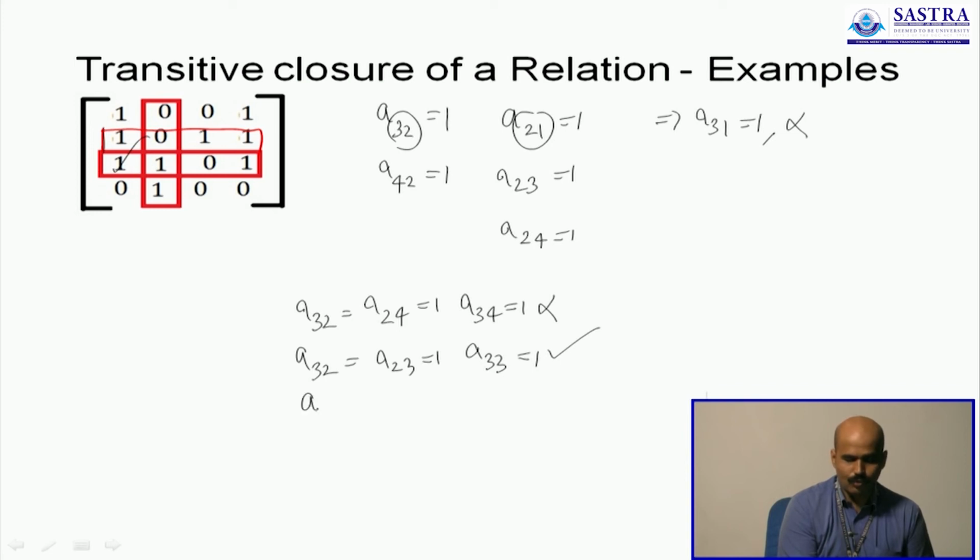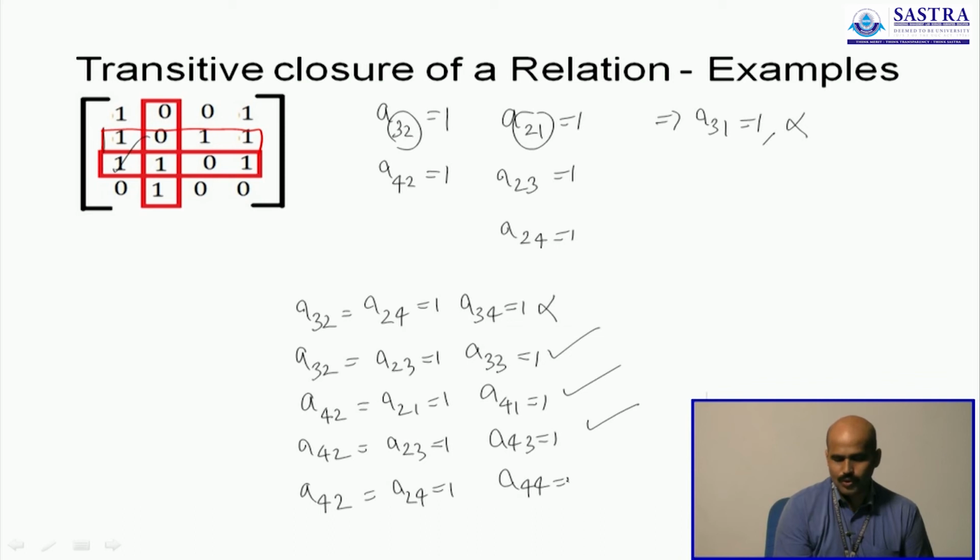Now comparing the fourth row, 4 2 and 2 1 are 1s, which means A41 is a 1, that will be a change. A42 and A23 are 1s, which will mean that A43 is a 1, that is a change that you'll have to incorporate. And A42 and A24 are 1s, which will mean A44 is also a 1.